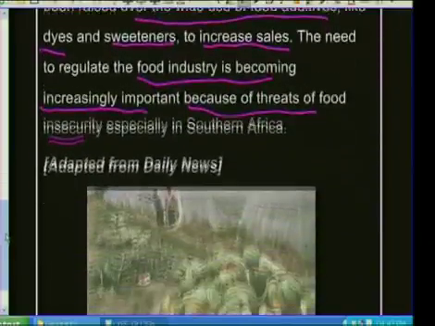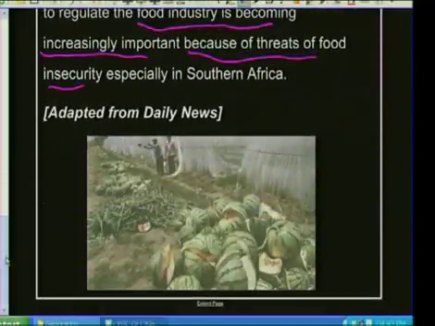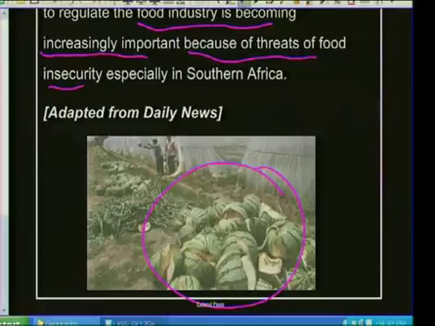Yes, when there isn't a sufficient amount of food to feed the people of a country in order for them to live a healthy life. That comes to your mind also. The examiner is pointing things out to you here. Even a picture is given. This is actually a sad sight where the watermelons have burst. They've grown big due to illegal chemicals, and now they're bursting. All right, let's look at the questions.